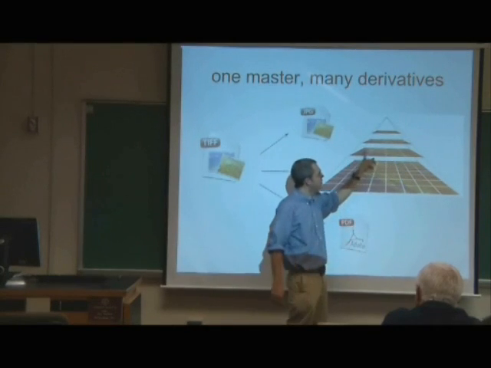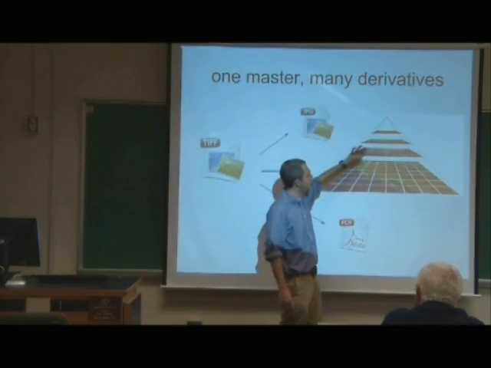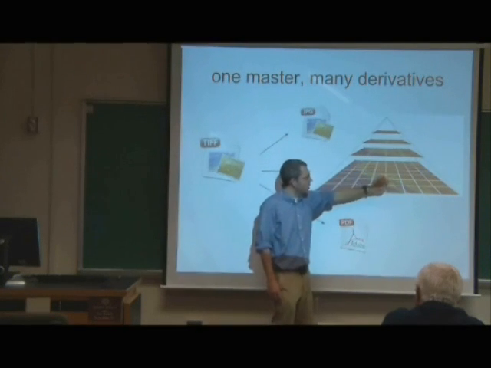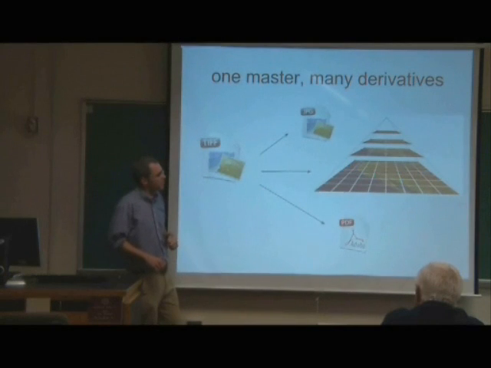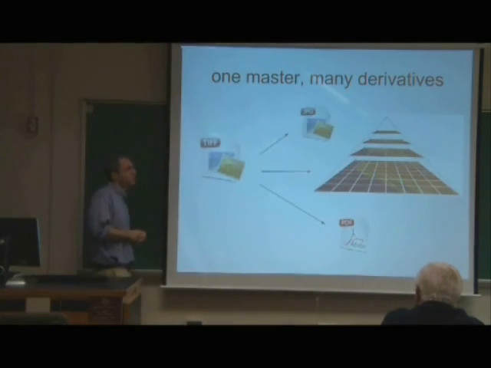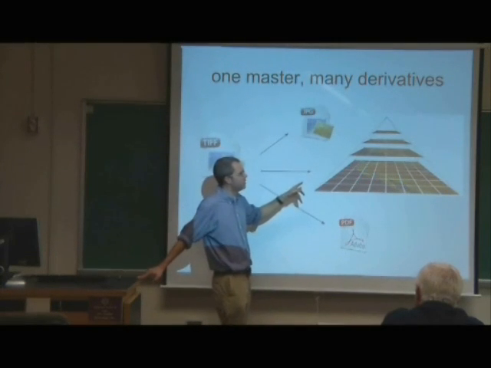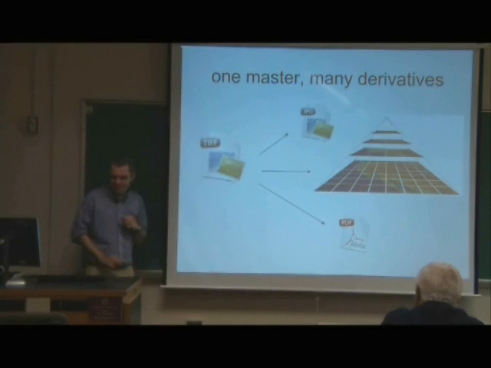You zoom in a little more, you may only be looking at this section of it, but behind it, this whole image is represented by 16, and so forth. So this whole notion of a derivative is, I don't want to say it's brand new, but it's not how people were viewing large images on the web 15 years ago.